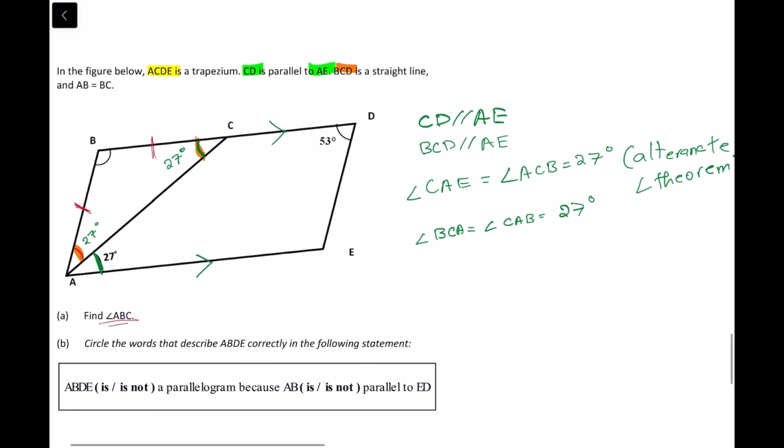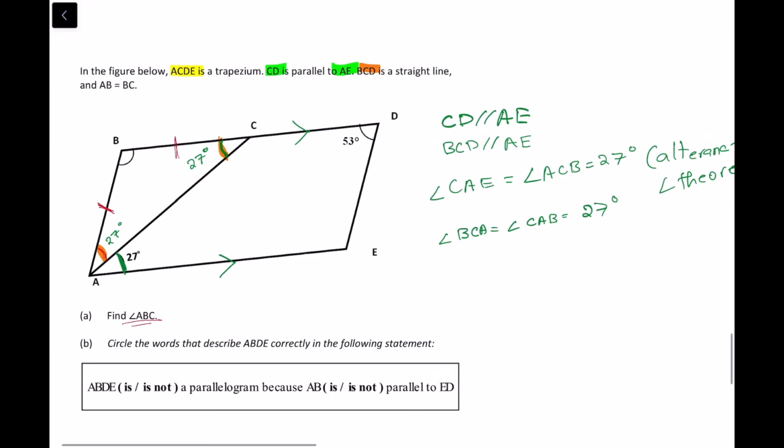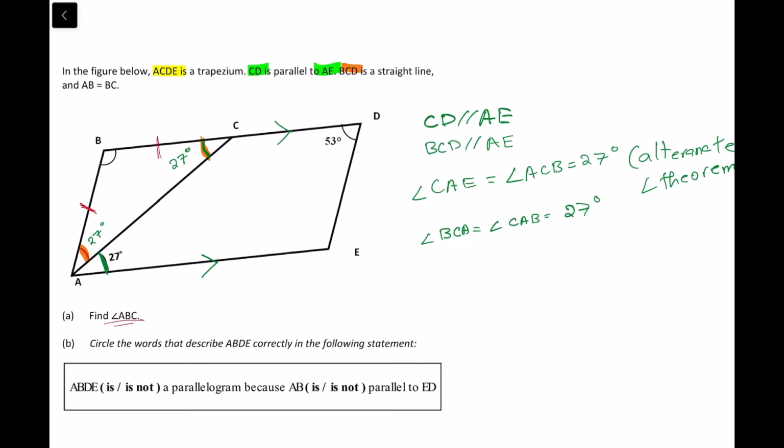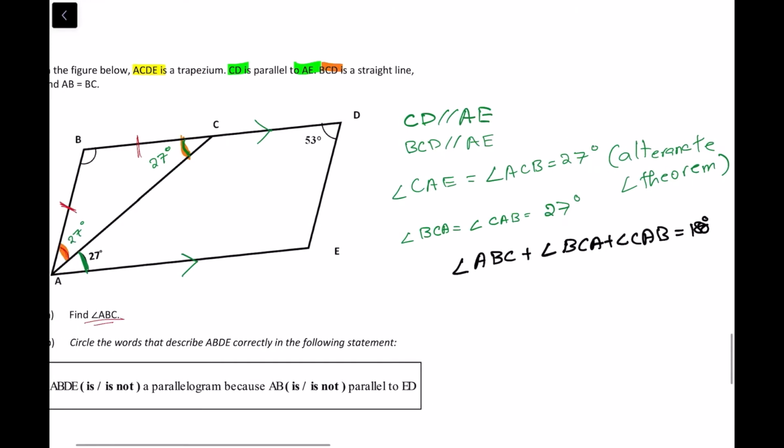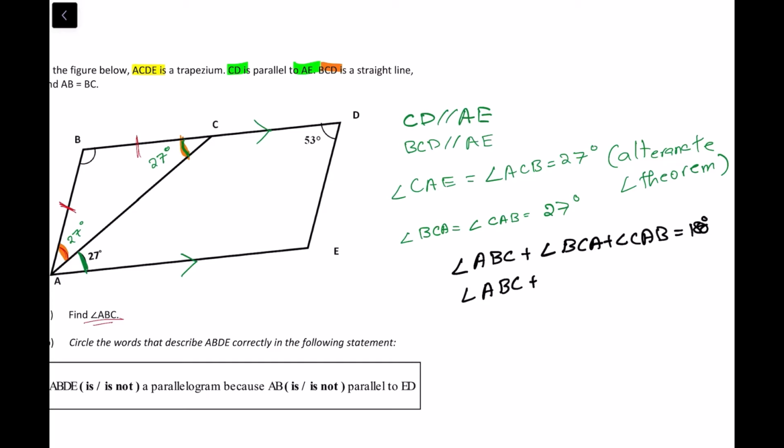Another property of all triangles that you would have read about is that the total sum of angles inside a triangle is always equal to 180 degrees, which means that angle ABC plus angle BCA plus angle CAB is equal to 180 degrees. ABC is the unknown, so we'll leave it as angle ABC, plus BCA, which is 27 degrees, and so is angle CAB, which gives us 180 degrees.